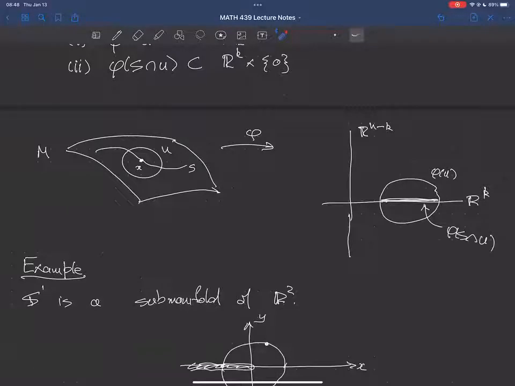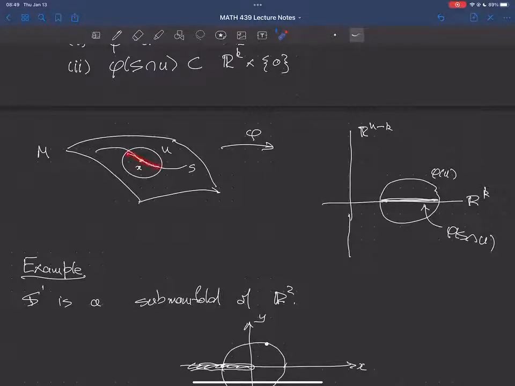Around every point, you're going to take an original chart for M, which is this thing, and has this property. But then my submanifold's chart is simply going to be U intersect S. And instead of mapping it into Rn, Rk cross Rn minus k, I'm just going to map it into Rk, and that's going to define my submanifold chart, just sort of restricting phi to this intersection.